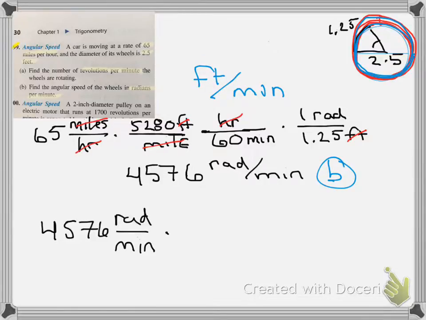I'm going to multiply by 1 revolution over 2 pi radians. The radians cancel out because I have them in the numerator and denominator, and that leaves me with revolutions per minute. Those are my only units left over.